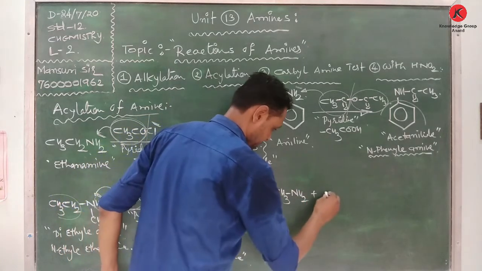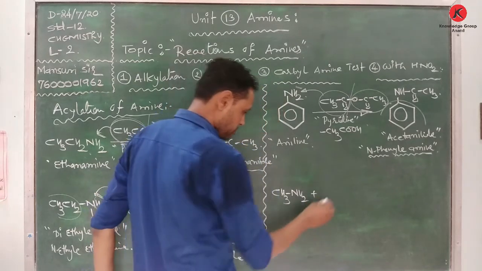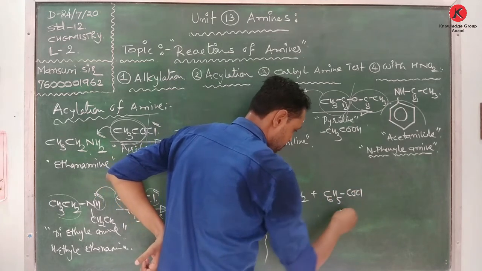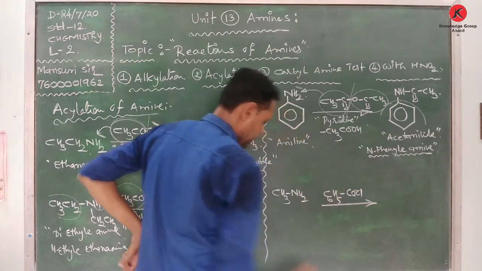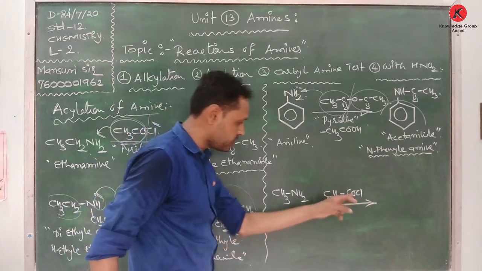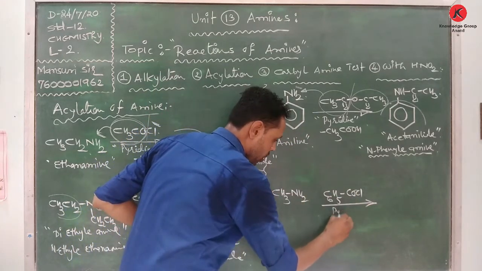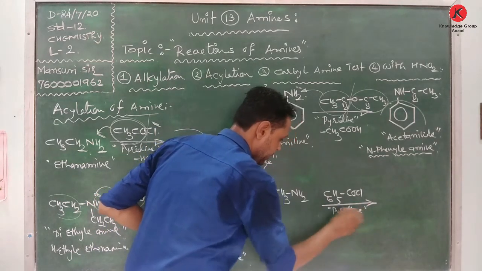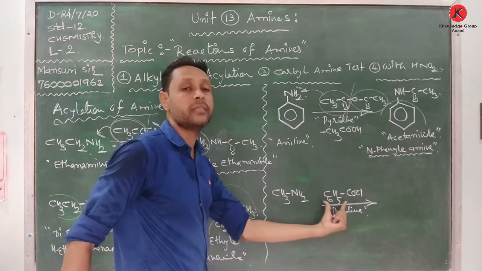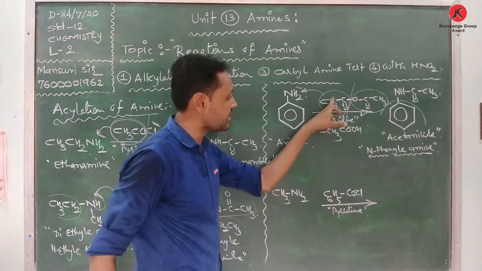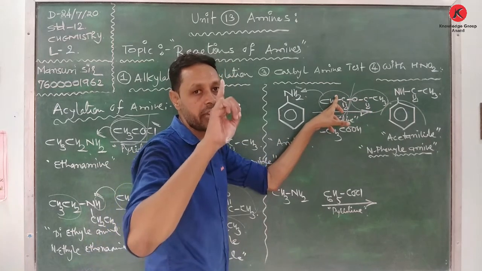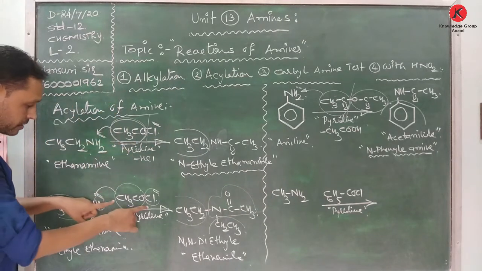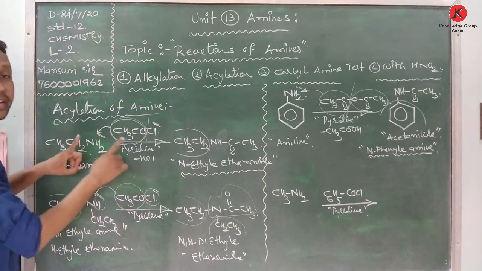Now it reacts with benzoyl chloride, C6H5COCl, in presence of, as you know, pyridine. Acetic anhydride and acetyl chloride both contained an acyl group.